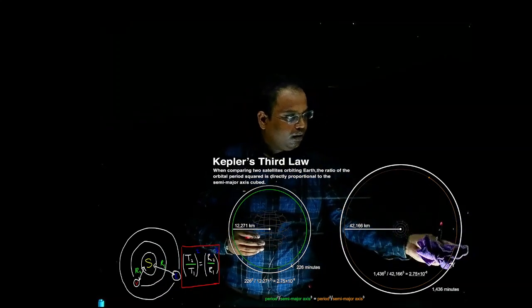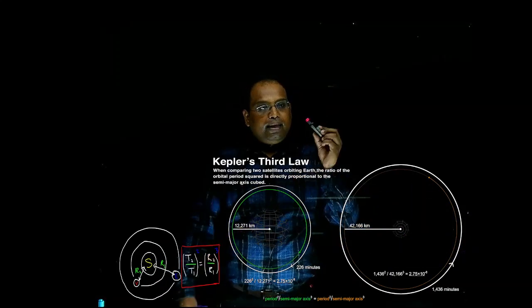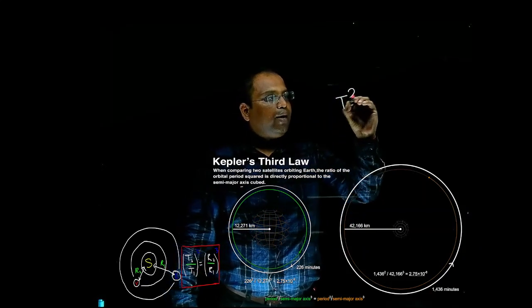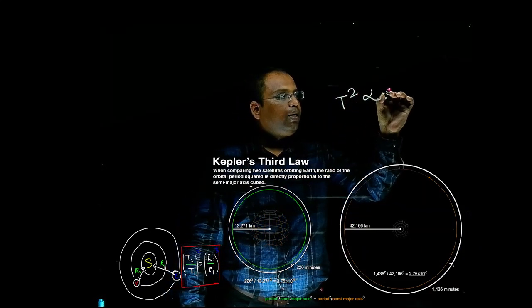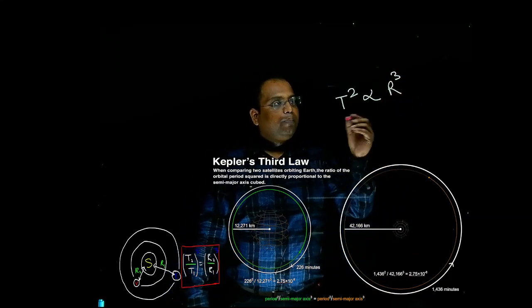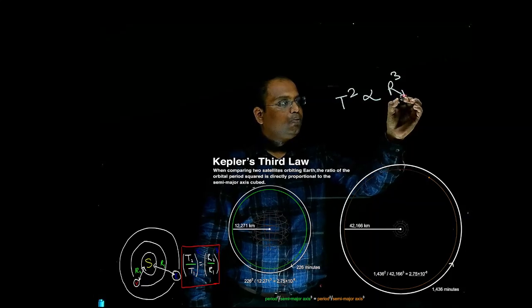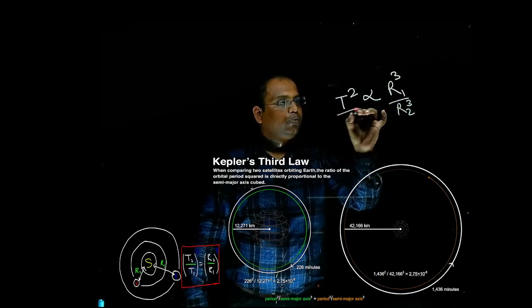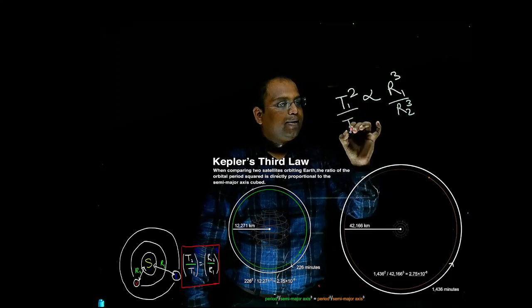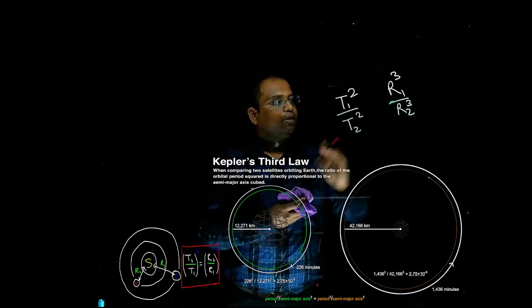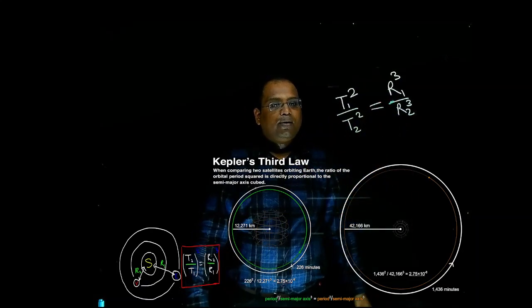The fundamental law is that the time period T squared is proportional to the distance cubed. So if we have two radii, r1 and r2, the cube ratio of these will be equal to T1 squared divided by T2 squared. We have to put an equal sign here. So this is the third law of Kepler.